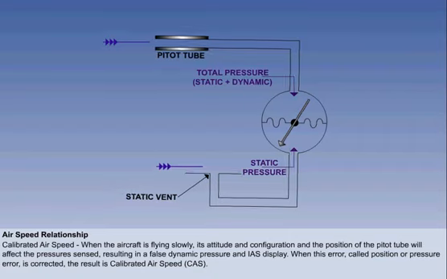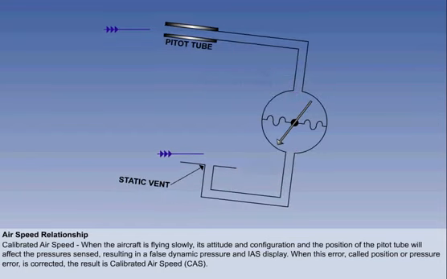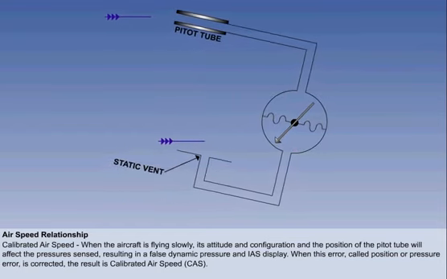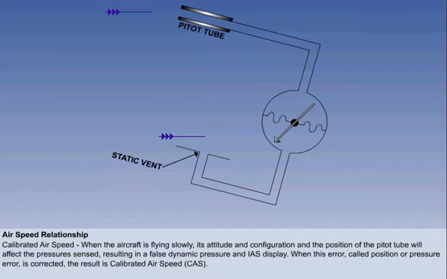The position of the pitot tube and static vents, and the aircraft's undercarriage and flap position, or configuration and attitude, will all affect the pressures that are sensed, particularly those at the static vents. Under these conditions, a false dynamic pressure will be sensed, resulting in a false IAS display.